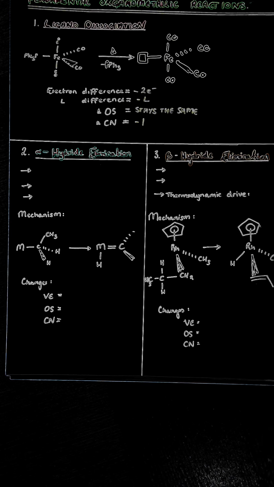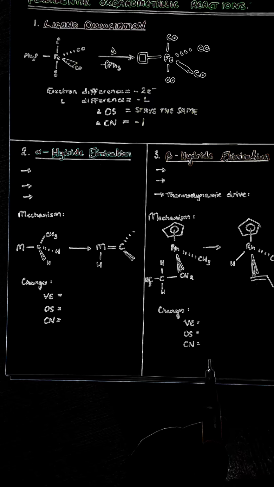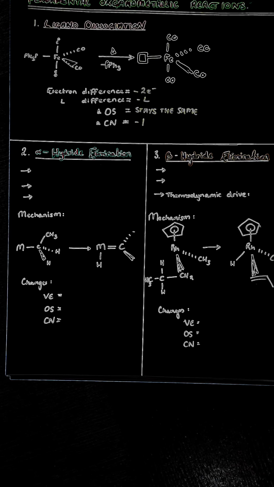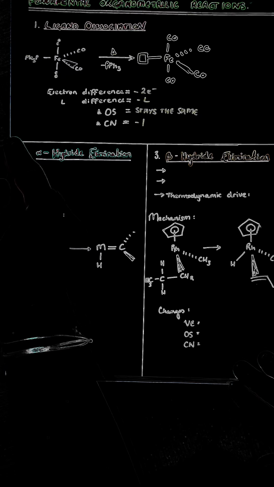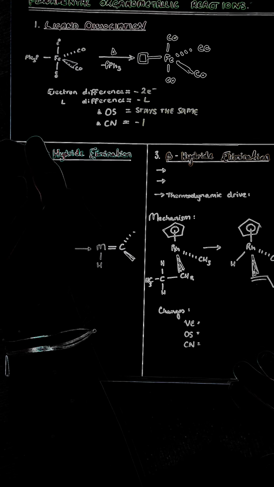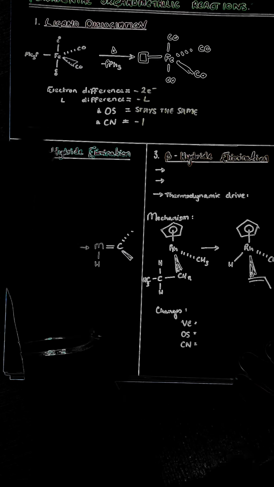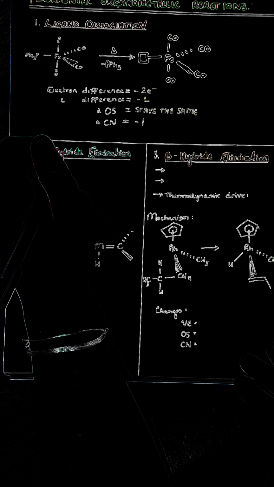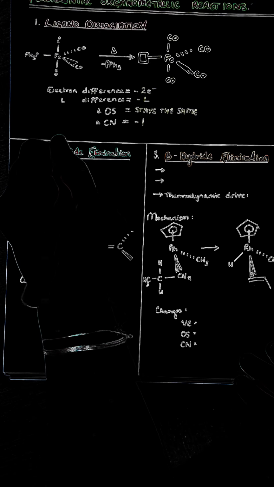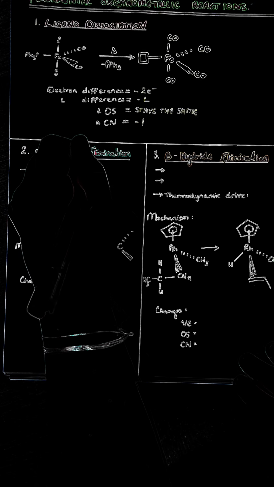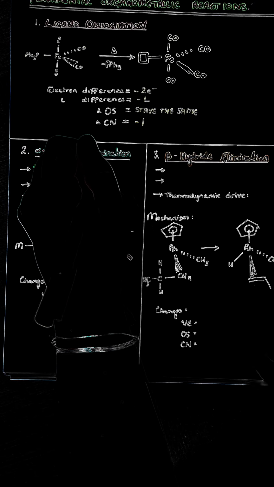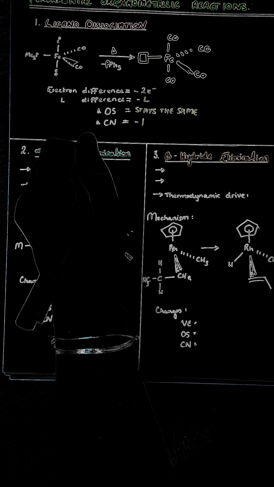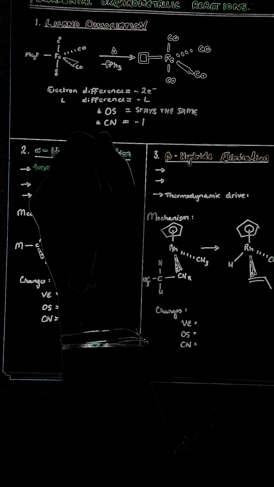The next is alpha hydride elimination, which is the transfer of a hydride in the alpha position of a ligand to the metal center, which produces a carbene.